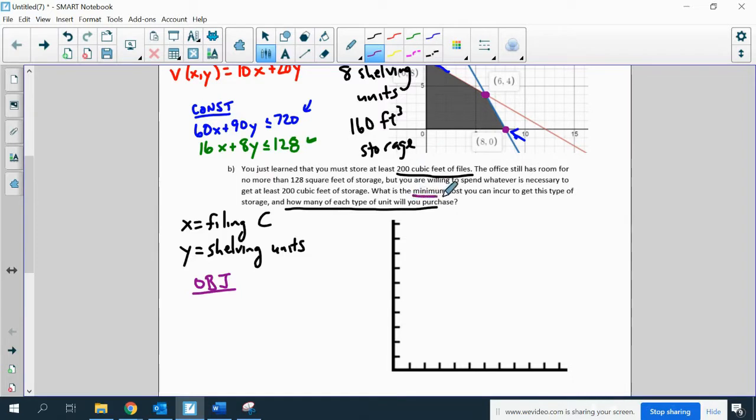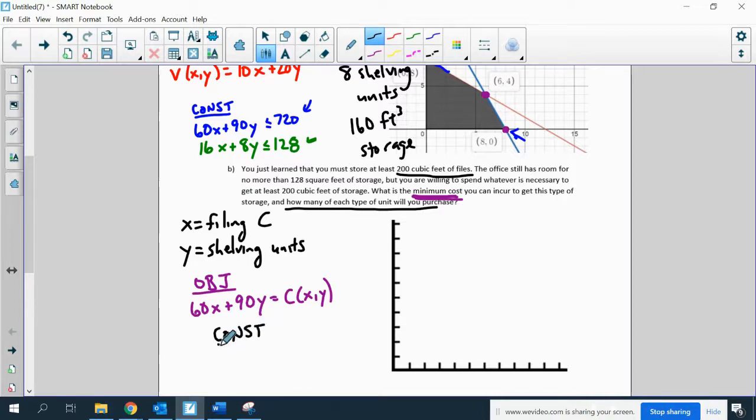So now the objective is, what is the minimum cost to be able to get that amount of files? So my new objective function is 60x plus 90y, the cost function, and we're trying to minimize that.